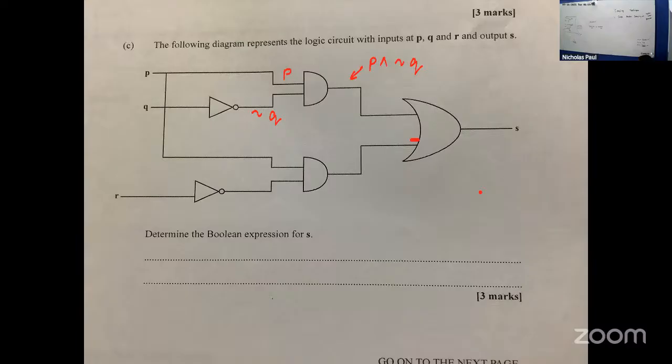So here will be P. Here will be the negation of R. So here will be P and the negation of R. Now we're going to put them together. These are all OR gates. So the final answer, writing it down here, will be P and the negation of Q, OR P and the negation of R.